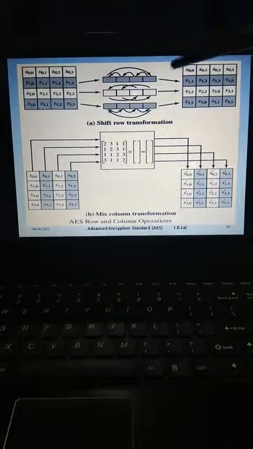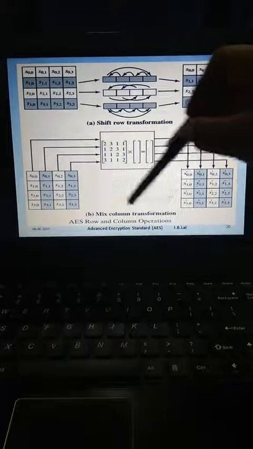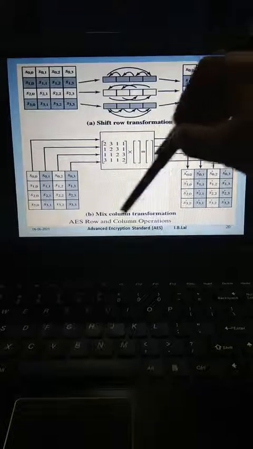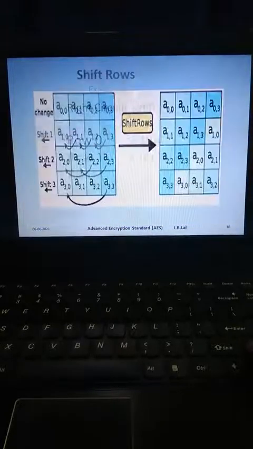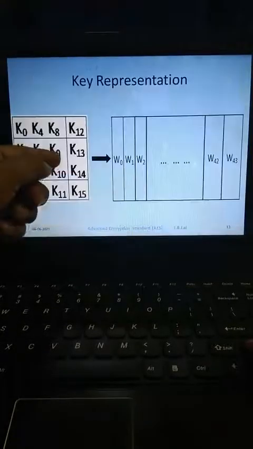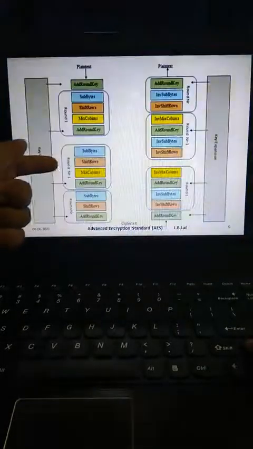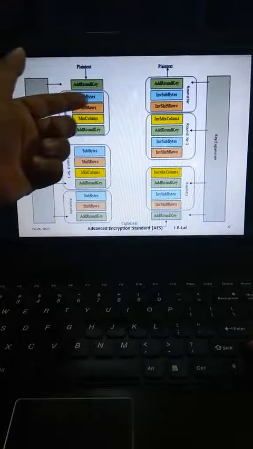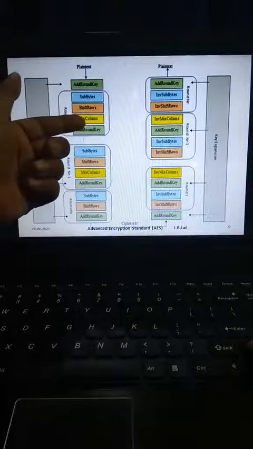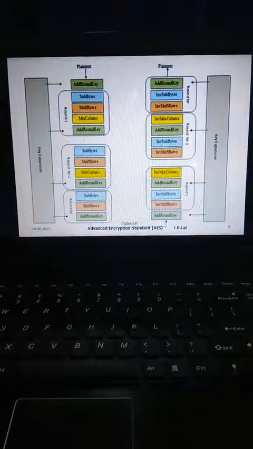Okay, this output becomes input to next process, mix column process, mix column function, which is the third process of one round. We can see here, mix column. First we have taken S box, then shift rows, and then now mix column.